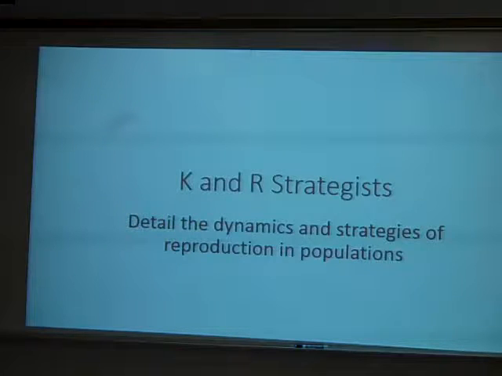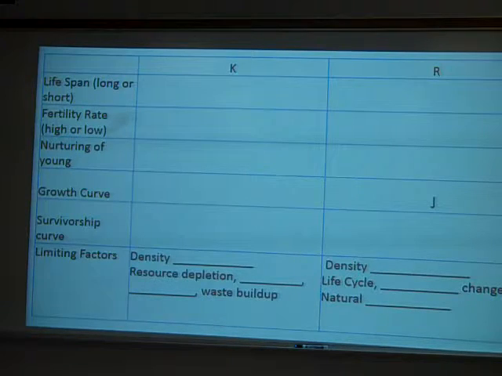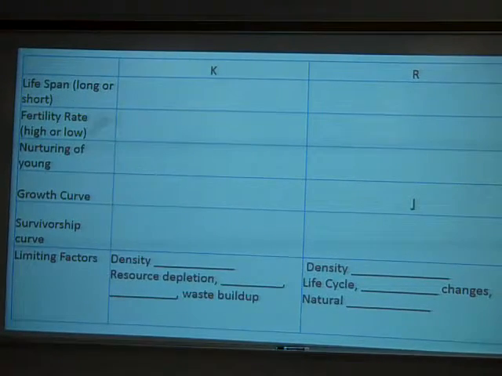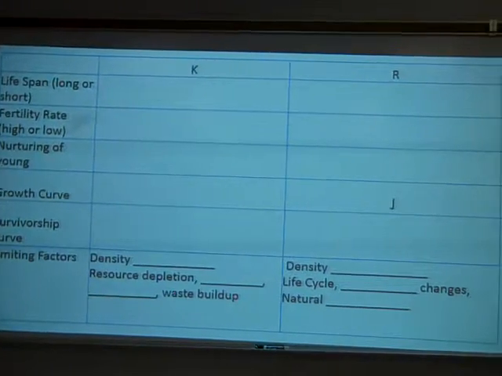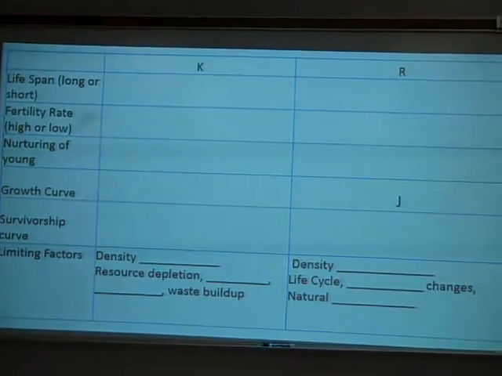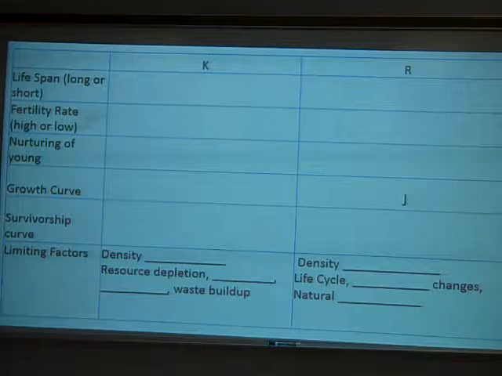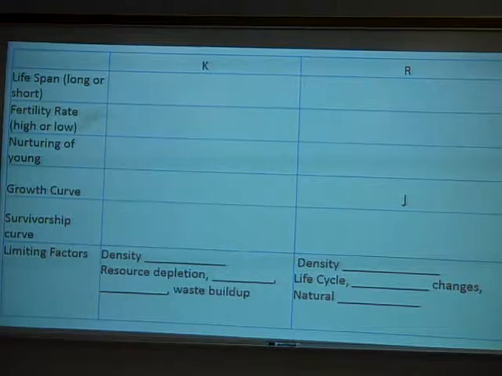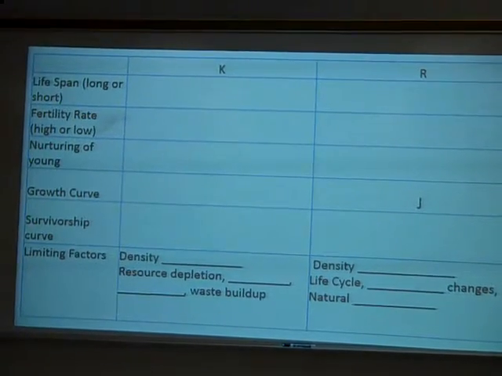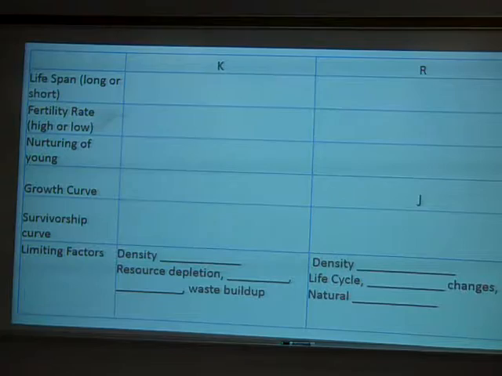All right, Unit 3 is populations. We have our K and R strategists. They call them strategies because the goal of a population within an ecosystem is to produce another generation of offspring to carry on the line, so to speak. So you have two ways of accomplishing that.